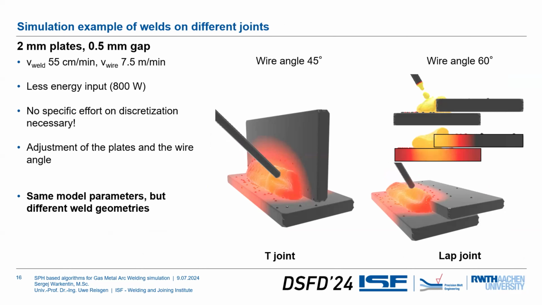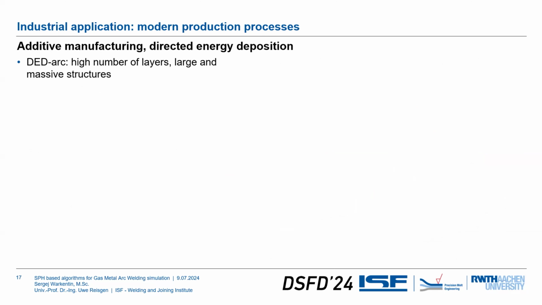We just adjusted the plates and used the same models, but we obtained different weld geometries, showing the capability of the model to work on different configurations. In all the cases that you saw, we had 300,000 particles, and this simulation took less than 20 hours of time.